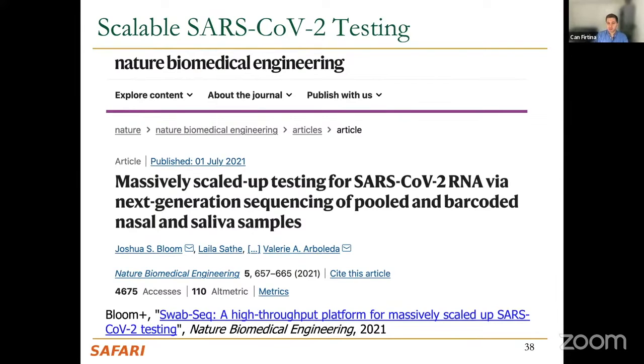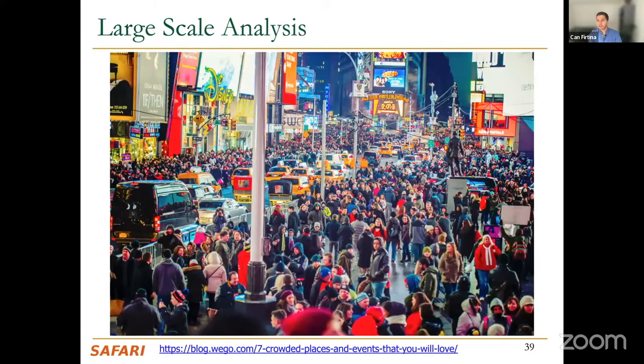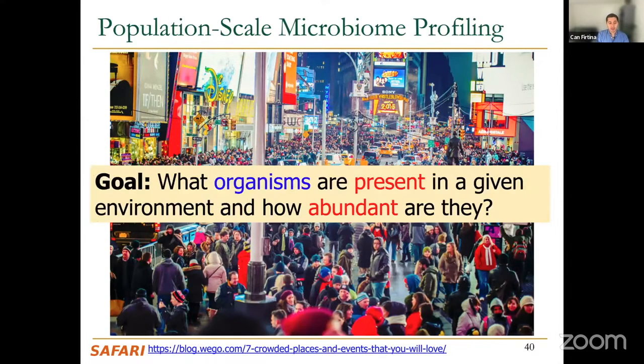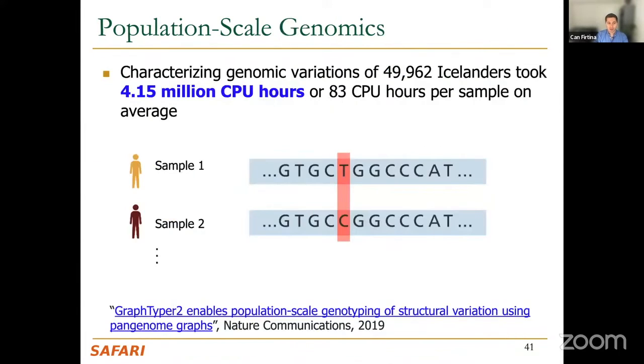doing some DNA sequencing. The other aspect was the large-scale analysis, if you may remember. Our goal in this large-scale analysis is basically to understand, for example, what organisms are present in a given environment and how abundant they are.